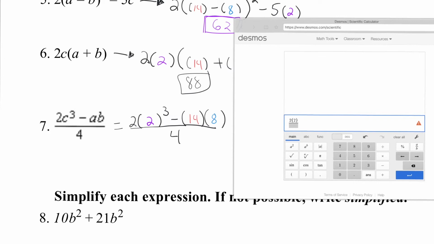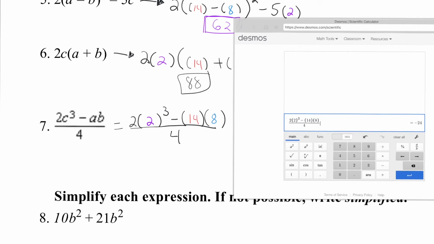Let me just go back to the 2 right there. So I'm going to have exponent of 3, and then you bring down the cursor. Remember to bring down the cursor. Minus the 14, parentheses 14, and you close parentheses, open another parentheses 8. And on the bottom, you have a 4.